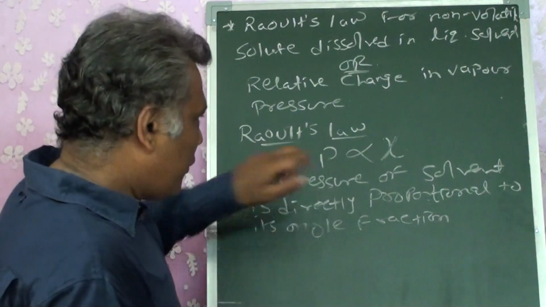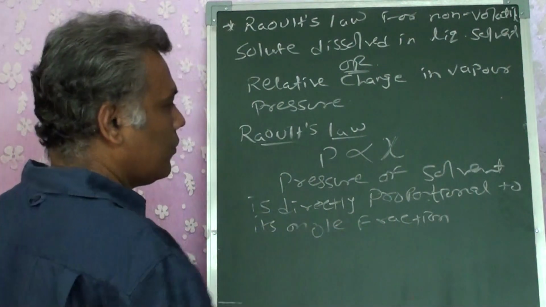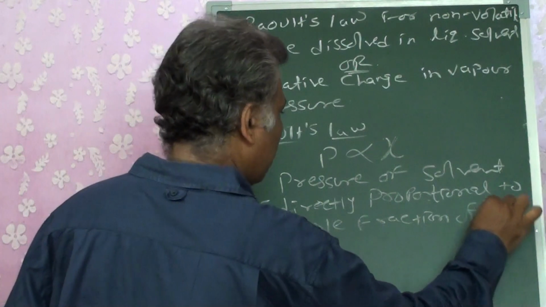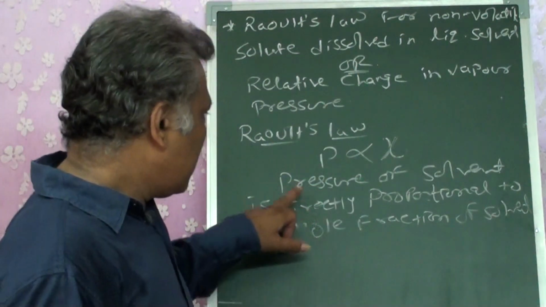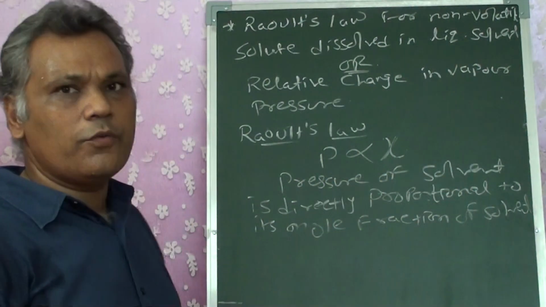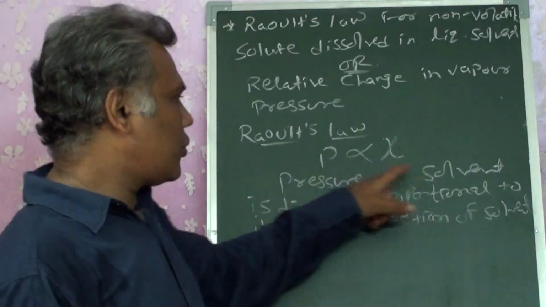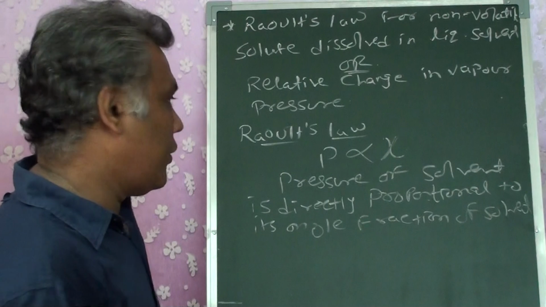Now, if I am putting it as the pressure of solvent, then it is the mole fraction of solvent. If I take it as the pressure of solute, then it will be the mole fraction of solute. That means pressure of the component, mole fraction of the same component.